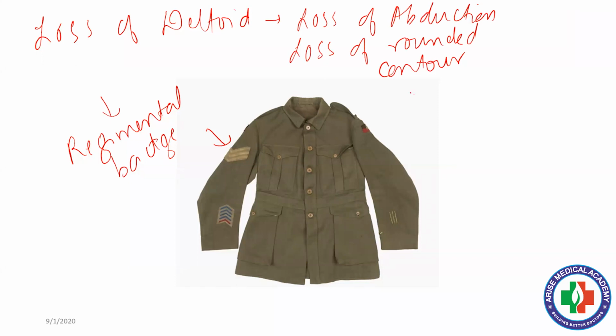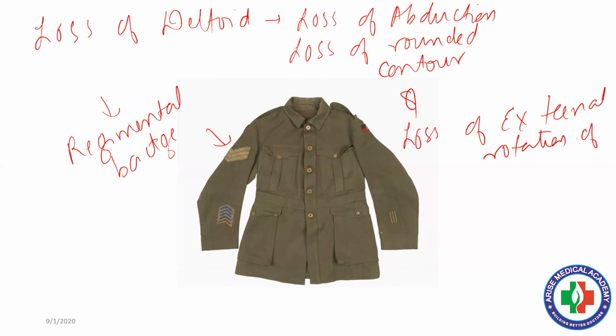They may also say loss of external rotation of the shoulder, because of the loss of teres minor. So whenever there is loss of abduction, loss of rounded contour, and loss of external rotation of the shoulder, think of damage to the axillary nerve. The teres minor, which is also an important external rotator, is supplied by the axillary nerve. Teres major, lower subscapular; teres minor, axillary nerve.